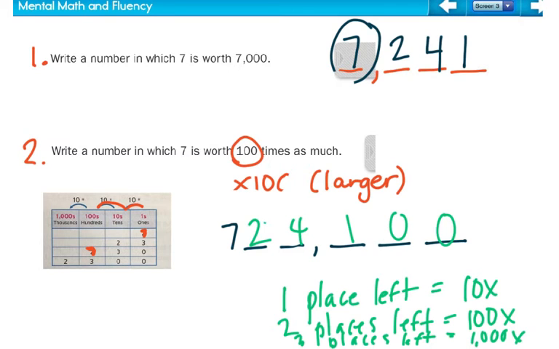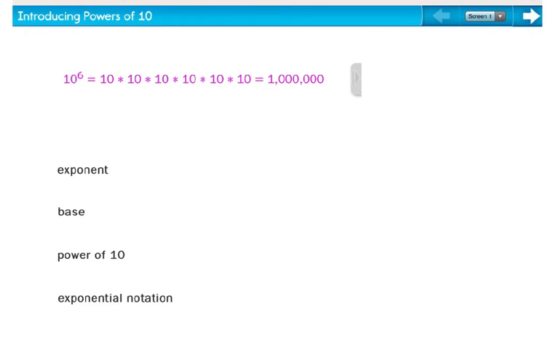All right, let's go ahead and look at some vocabulary that you're going to be encountering during this unit. We use exponents when we're writing really large numbers. The first one is exponent. That's this little smaller raised number next to the 10. It's shifted up and to the right.